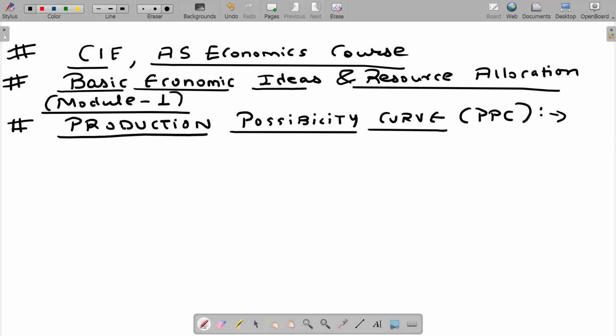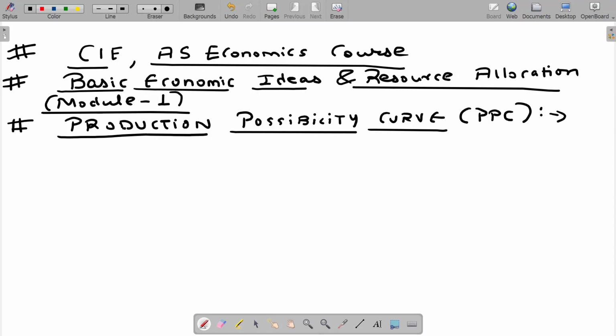Now, first of all, to understand a production possibility curve, let's quickly revise what opportunity costs are. We had covered this before, that opportunity cost in economics is nothing but the value of the next best alternative foregone. Let's say a farmer has two options, either to grow wheat, which can fetch the farmer a given amount of money. Let's say, if I talk about Indian rupees, the farmer can earn around 50,000 rupees from producing wheat on a given piece of land, whereas the same farmer can earn around 70,000 Indian rupees from producing rice.